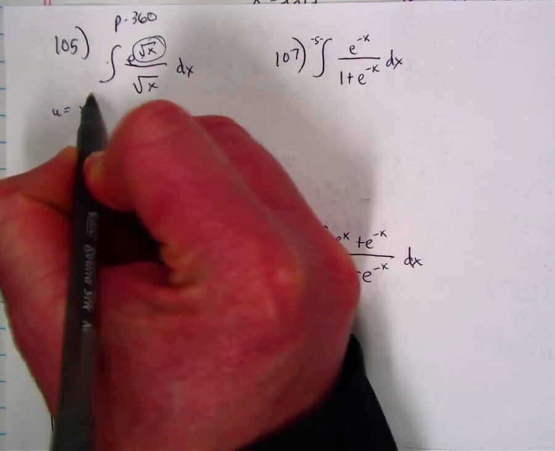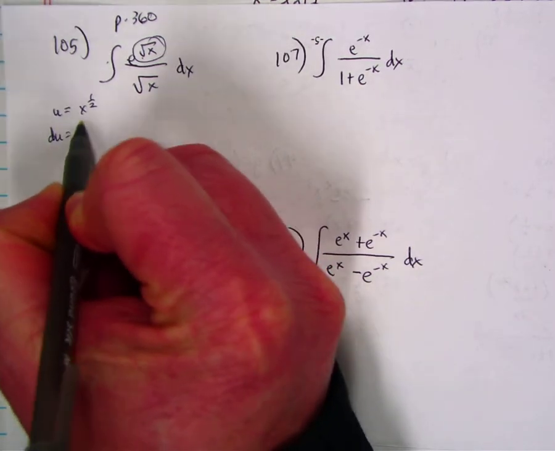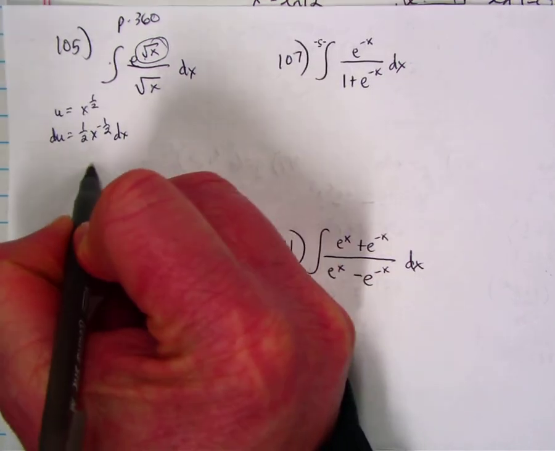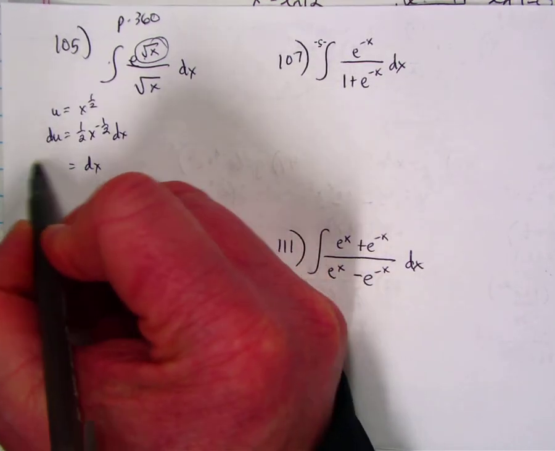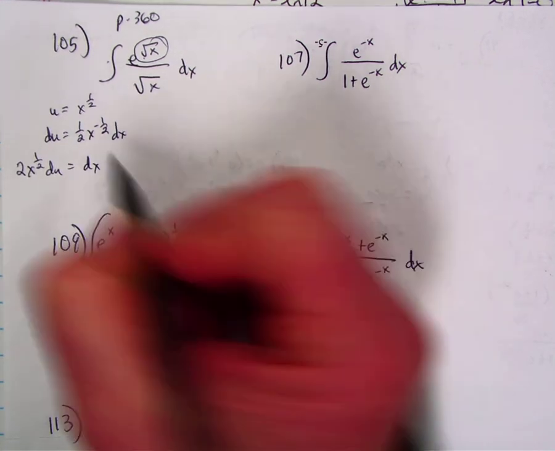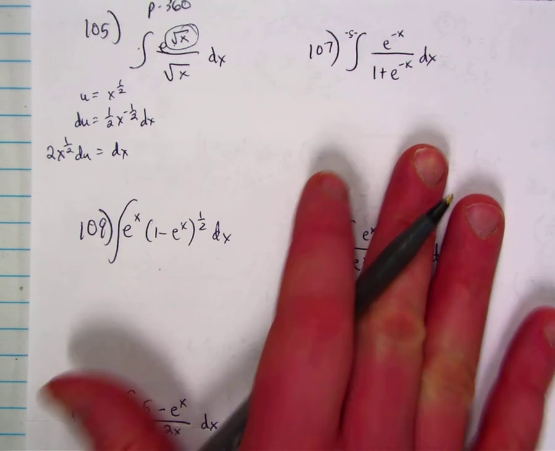So x to the 1/2, do your substitution: du is 1/2 x to the negative 1/2 dx. Solve for dx, 2x to the 1/2 du. Multiply by x to the 1/2, multiply by 2.